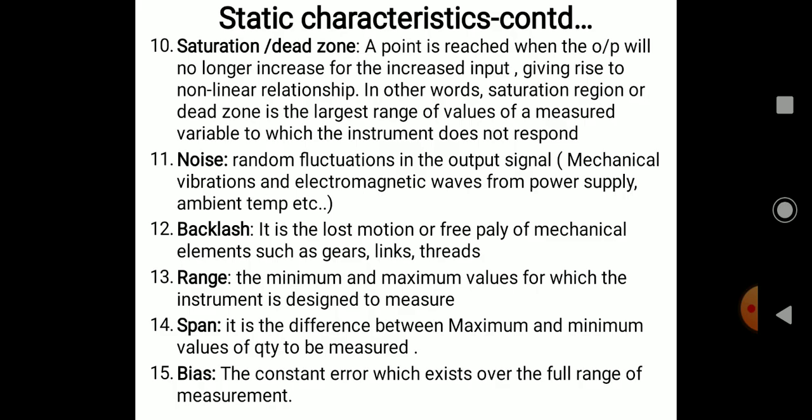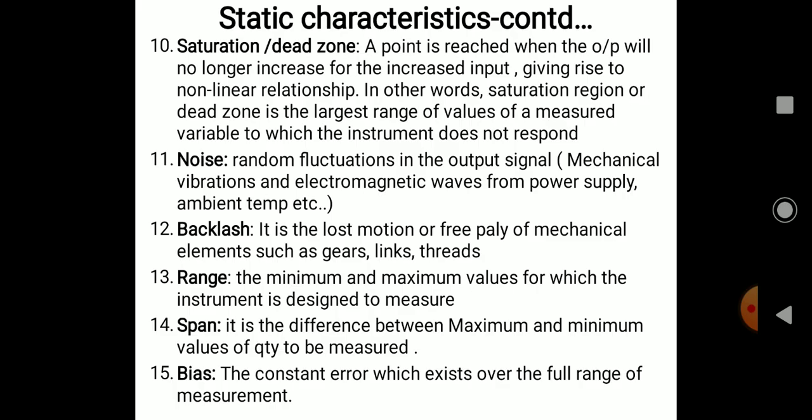A point is reached when the output will no longer increase for the increased input, giving rise to a non-linear relationship. At all other points, when input is changed, output will be changed. Again, when input is increased, output will be increased. So it is a linear relationship. But in the dead zone, you will not get such a linear relationship.